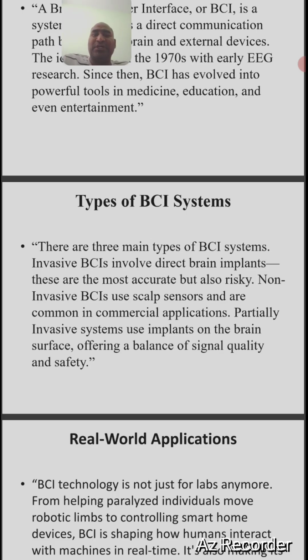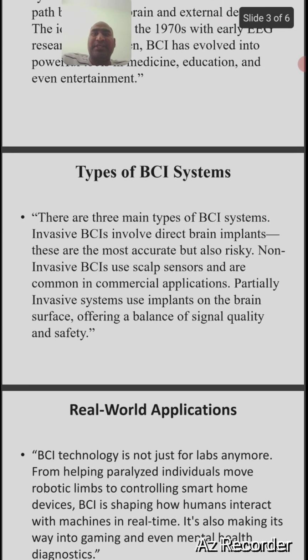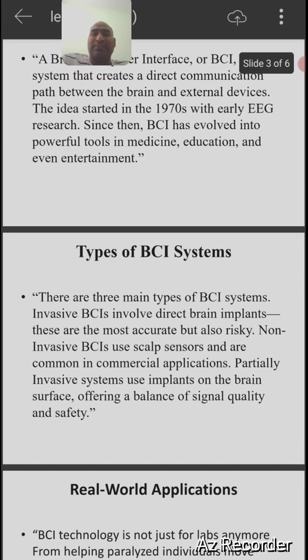Invasive is mainly in the surgery part, so electrodes are used both outside the scalp, which is non-invasive, and inside the brain, where you take the output of the brain signals. You can call this a hybrid BCI system.